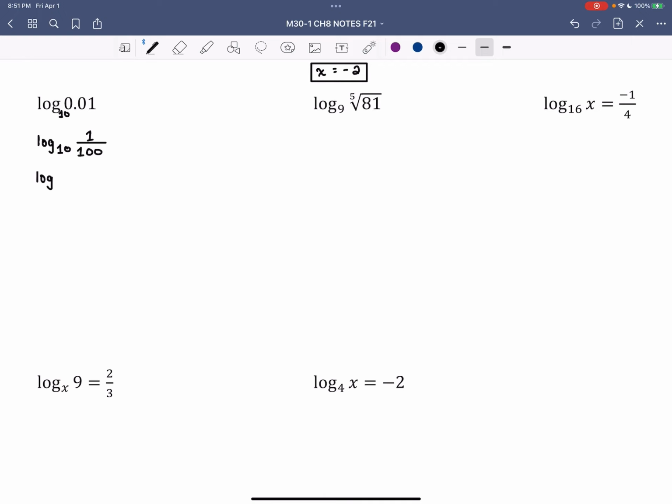Then this can be written as log base 10 of 1 over 10 squared. Move that to the top, and it becomes log base 10 of 10 to the power of negative 2. And by the log base b of b to the power of n rule, this equals negative 2.